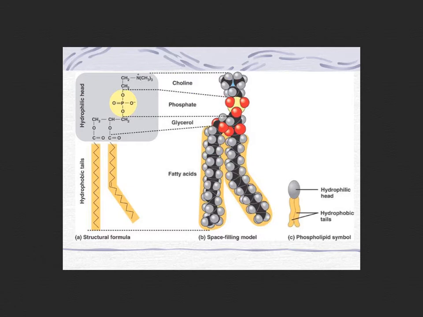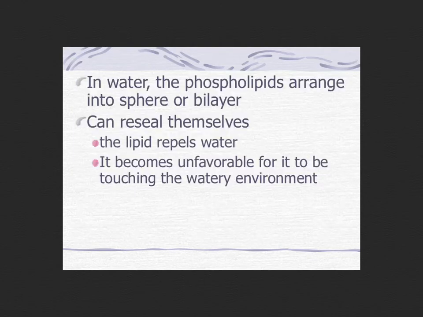And the cell membrane itself is made up of thousands and thousands of these molecules. And remember, they're not attached to each other. They're just kind of pressed together and next to each other. Now, naturally, because of the chemical nature of the phospholipids, they will, in water, arrange themselves into a double layer or into a sphere.